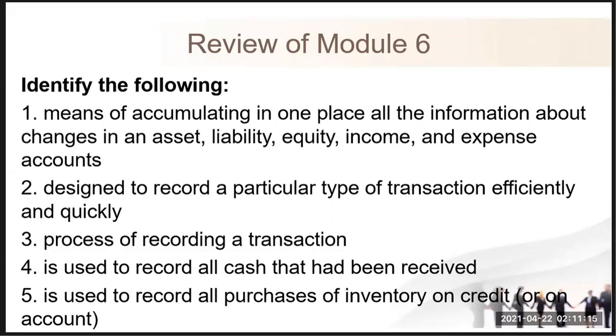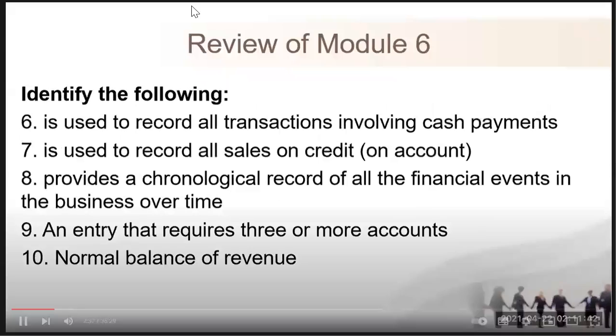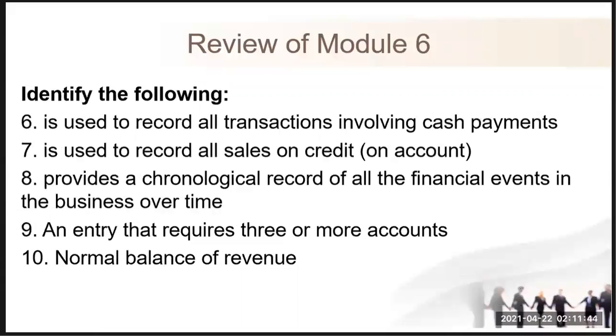Particular type of transaction. And number 3, process of recording a transaction. Number 4 is used to record all cash that had been received. What book is that? Number 5 is used to record all purchases of inventory on credit. So what book could that be? Number 6 is used to record all transactions involving cash payments.